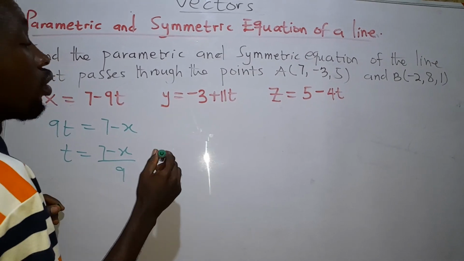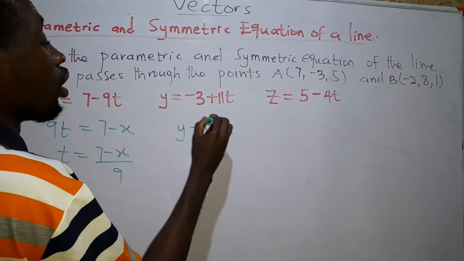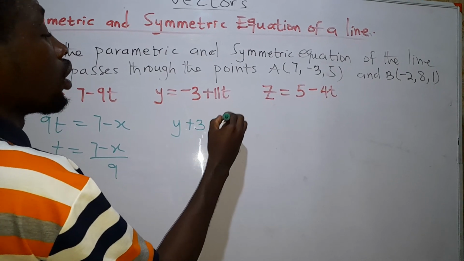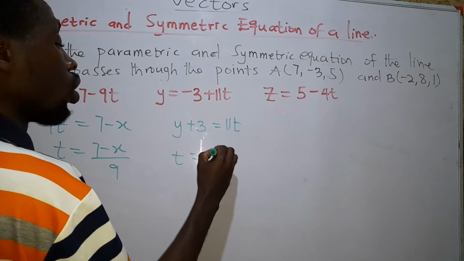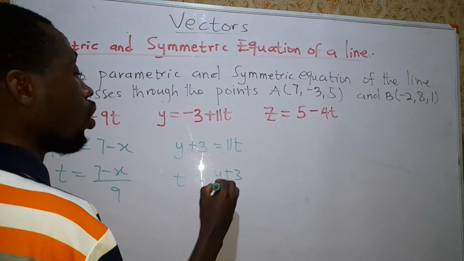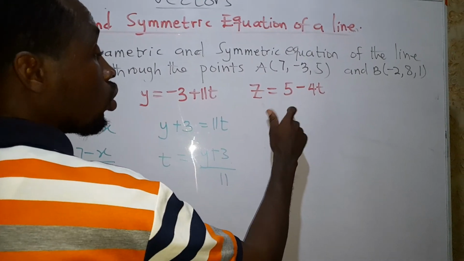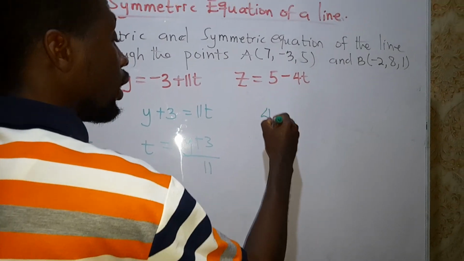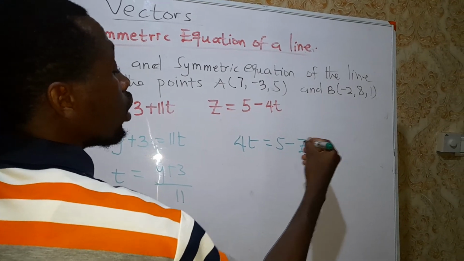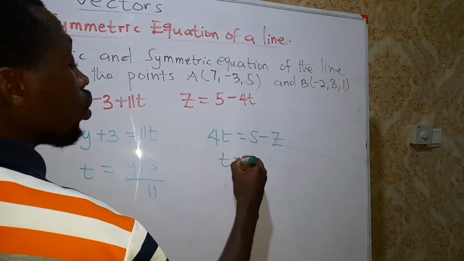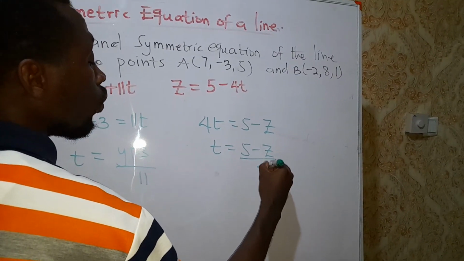Here too, y plus 3 is equal to 11t, so t will be equal to (y plus 3) over 11. In this case too, 4t is equal to 5 minus z, then t will be equal to (5 minus z) over 4.